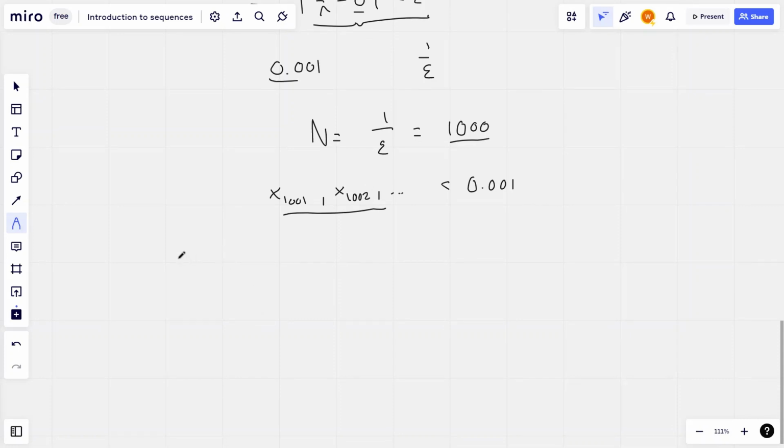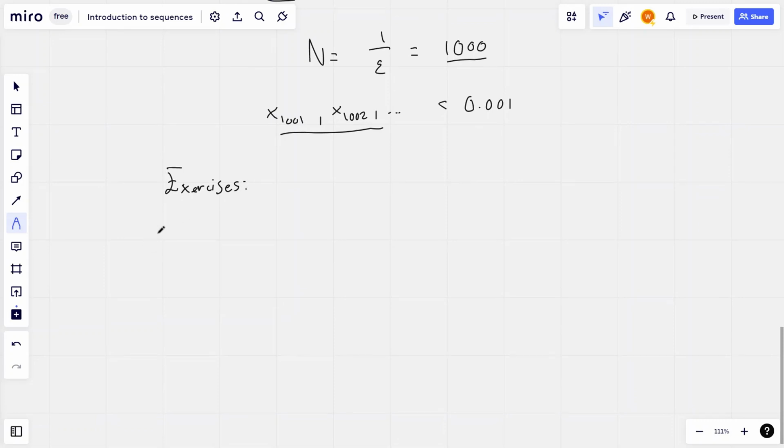Now, to leave the viewer with some exercises. Firstly, prove the limit laws for sequences.